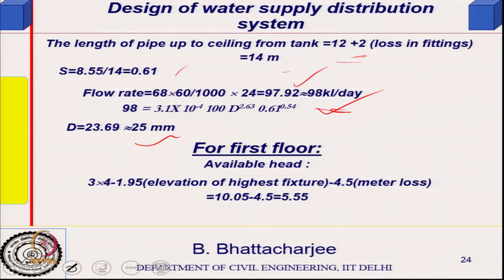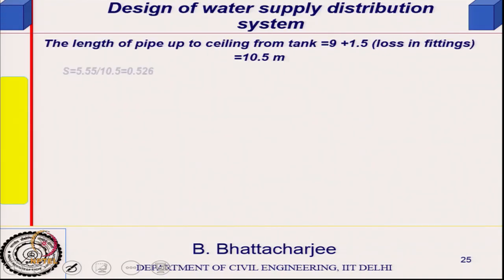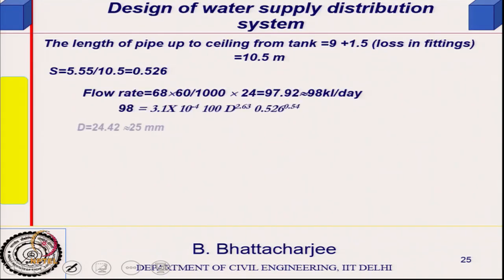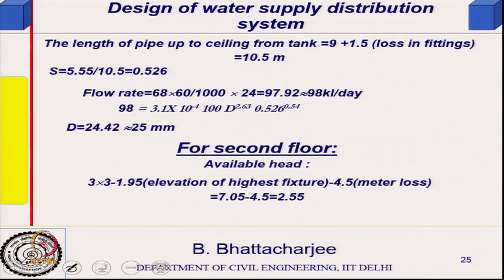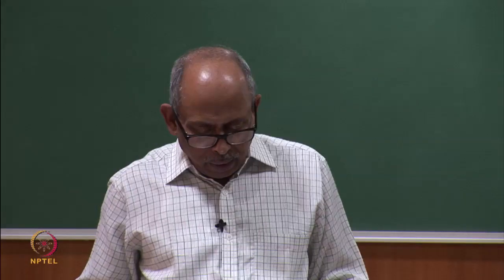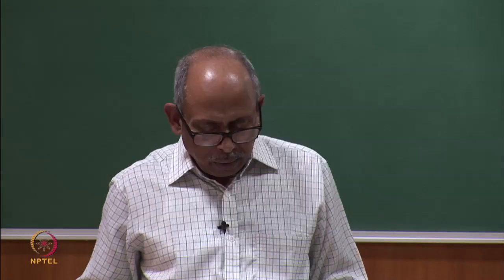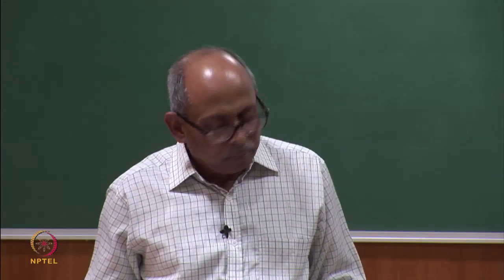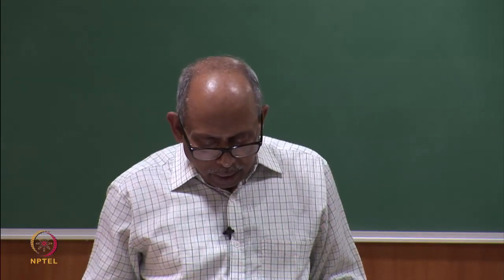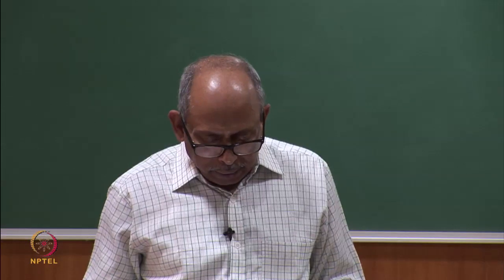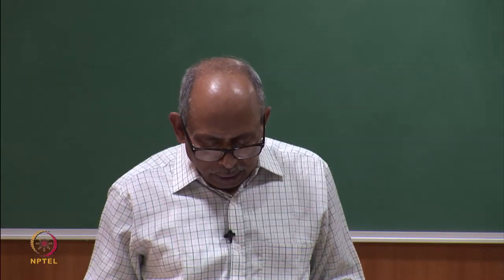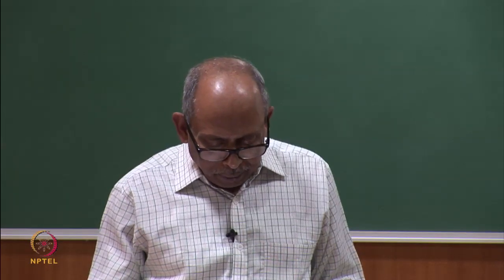You can repeat this process for other floors, and if you repeat this process for other floors, you will get the pipe size nearly the same. So use 25 mm pipe in each floor. Let us see for the other floor, somewhere it is coming high, 33 mm.